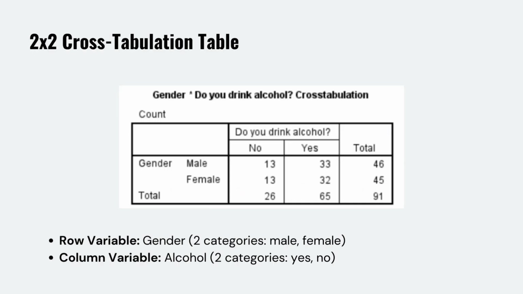In this example, we can see a cross-tabulation analysis, particularly showing the relationship between the two variables, with the row variable being the two genders, male and female, and the column variable labeled as alcohol, which shows if they drink or not. Now, the row sums and the column sums are sometimes referred to as marginal frequencies.